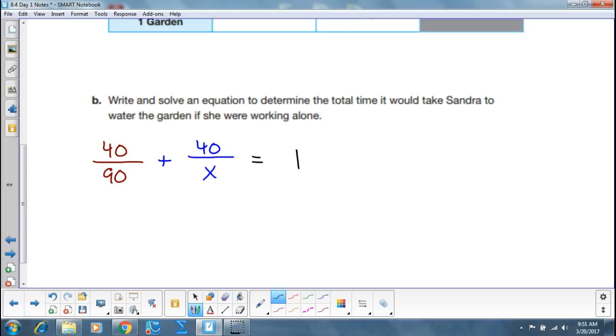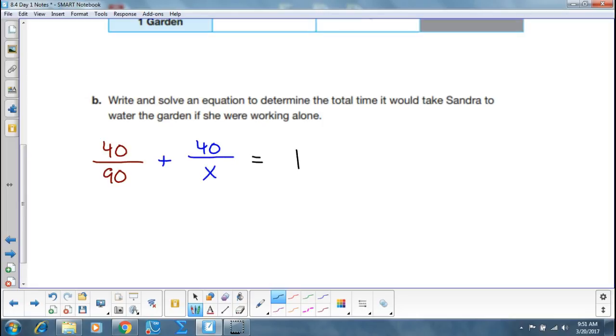Okay. Something more than 40, right? Yeah. But less than 90. Okay, so we should be in that 40 to 90 range.